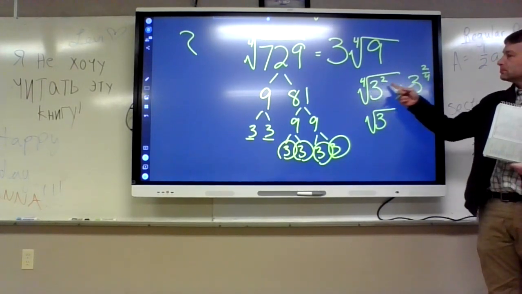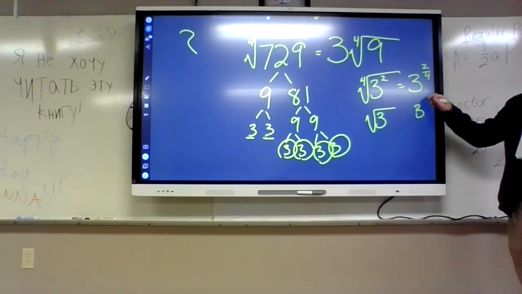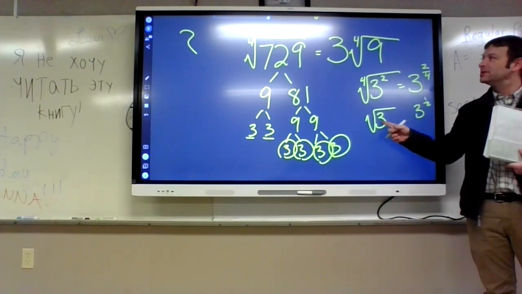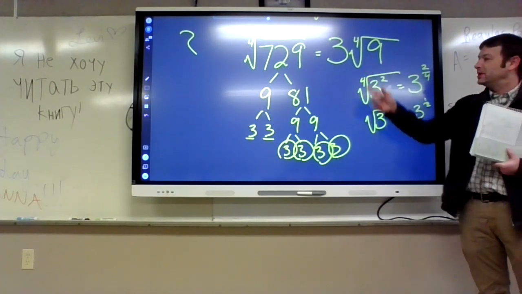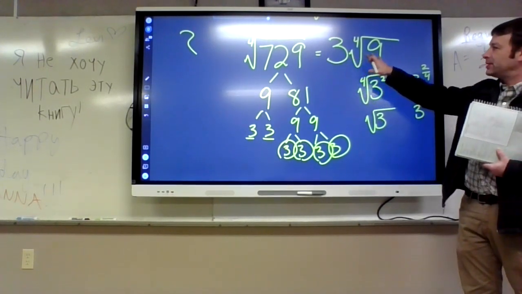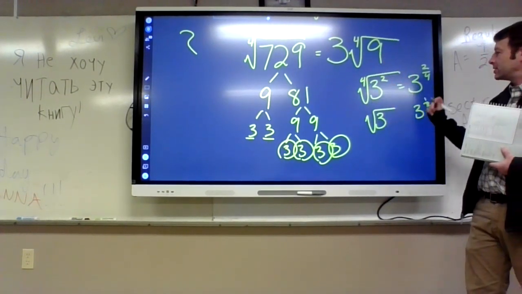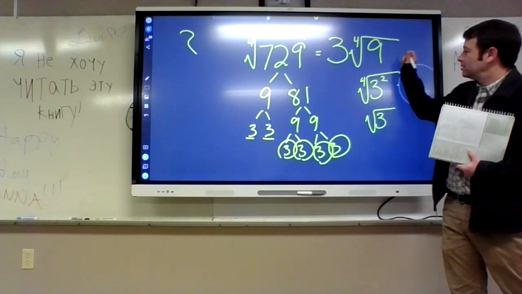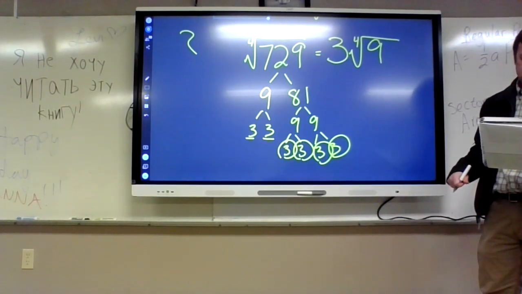That reduces to 3 to the 1/2, which is the same thing as square root of 3. So instead of putting 3 times the 4th root of 9, they put 3 square root of 3. That's okay, that's a tricky one. And that was naughty of them.